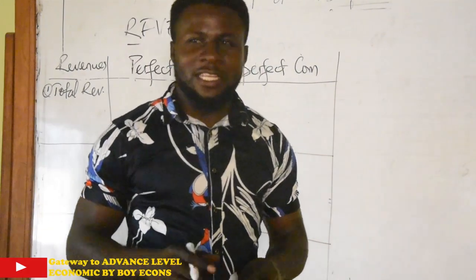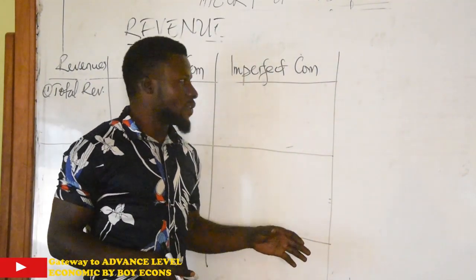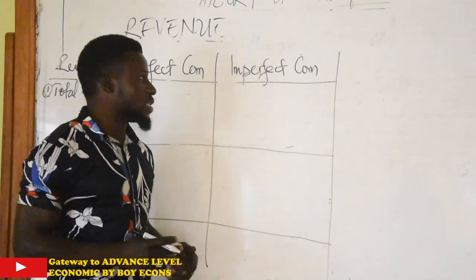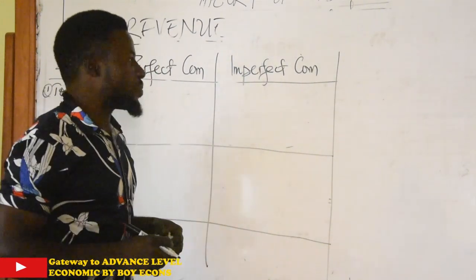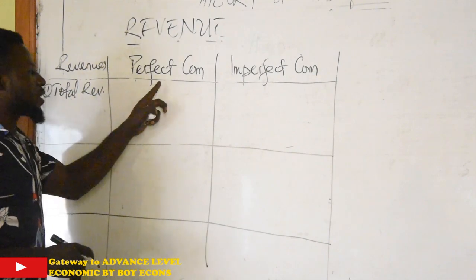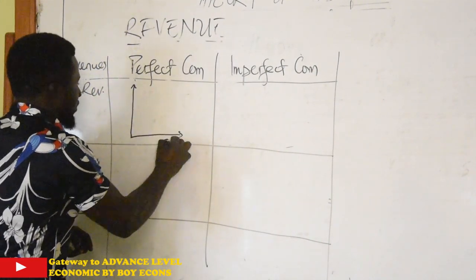Now, let me just take a summary of the graphs or diagrams that we have for revenue here, for perfect competition and imperfect competition, so that it sticks better. You can just copy this down. For total revenue, under perfect competition, this is how your total revenue curve looks like.